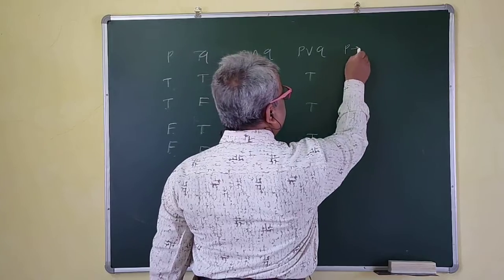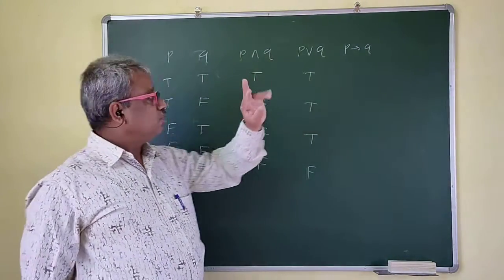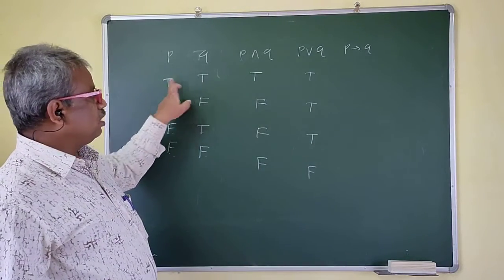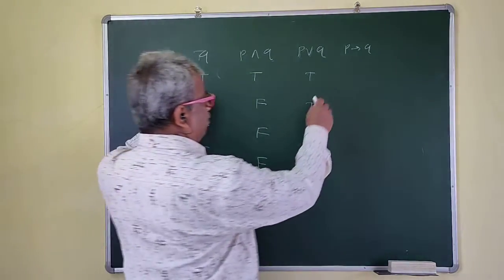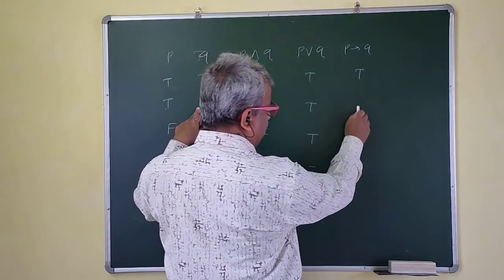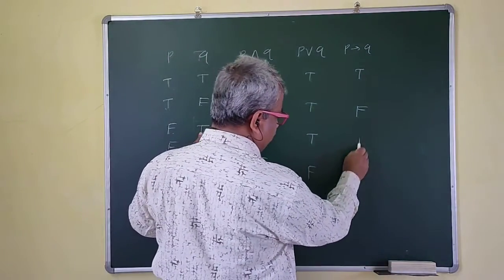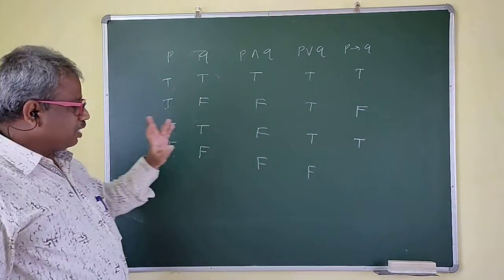So P implies Q. For P implies Q, where does our arrow go? T implies T is T. Now T implies F, the arrow goes to F, so you have to write F. Now F implies T will be T. False implies true will be true.